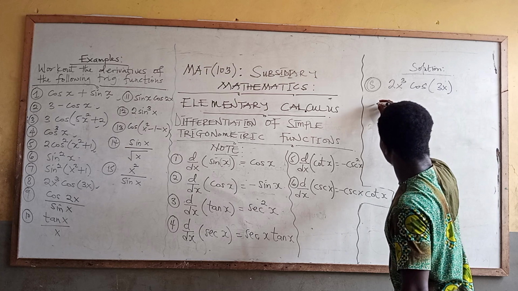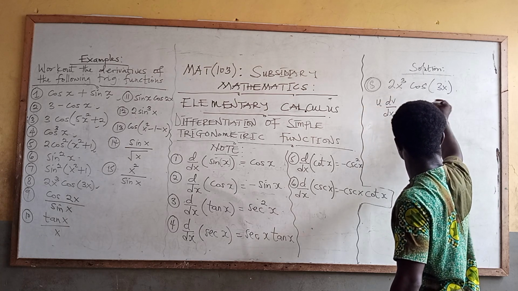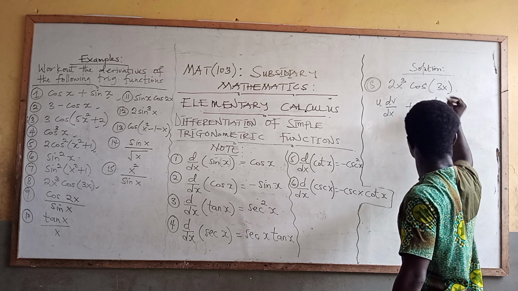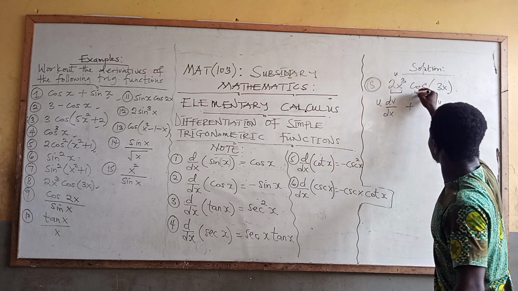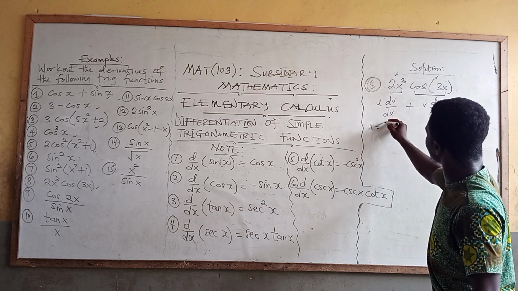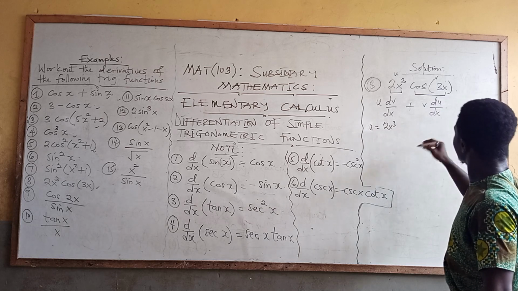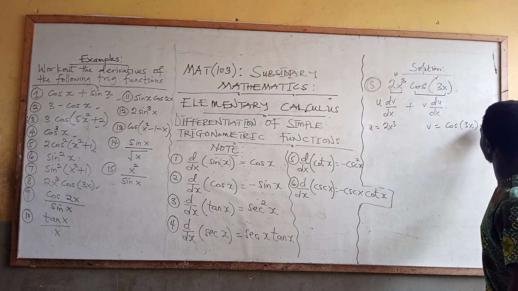So we use our product rule: u dv over dx plus v du over dx. The whole of this is my u, so our u equals 2x cubed. Then our v equals cos 3x.